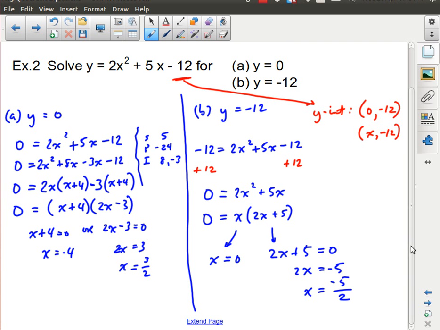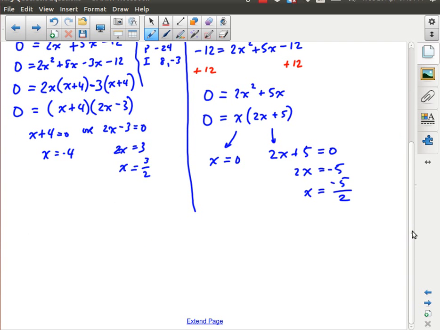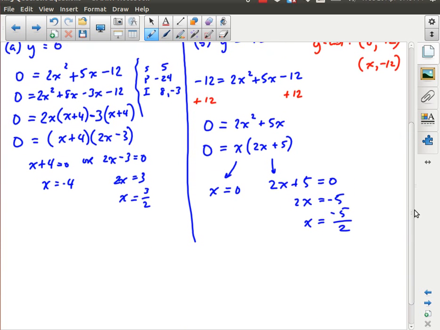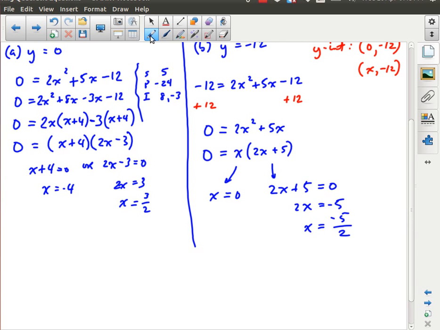When we did this before, when we did partial factoring, we started with the equation, y equals 2x squared plus 5x minus 12. And we still identified this value as 0, negative 12. And we still asked the question, what other value gives negative 12?